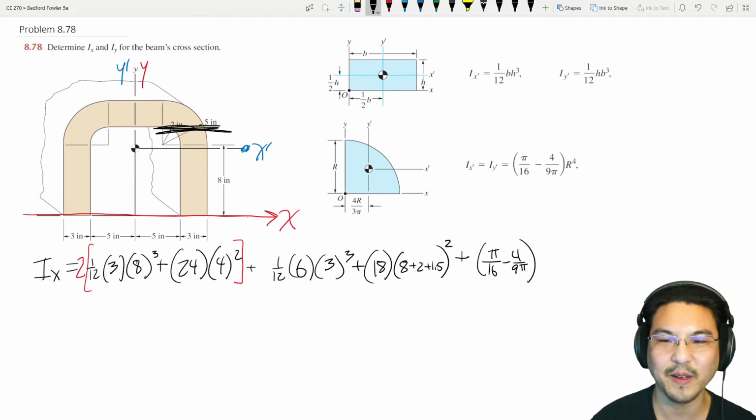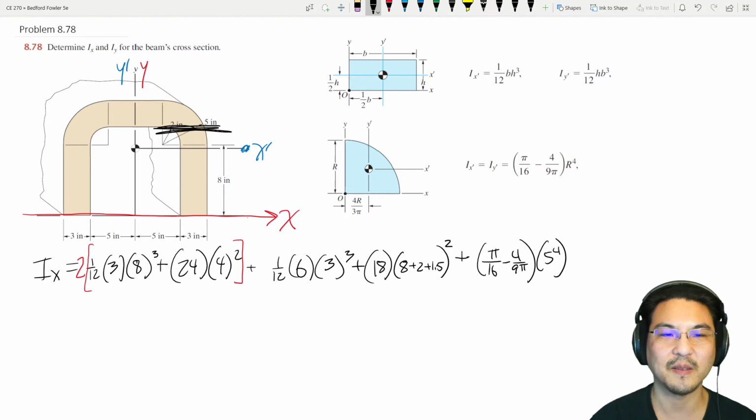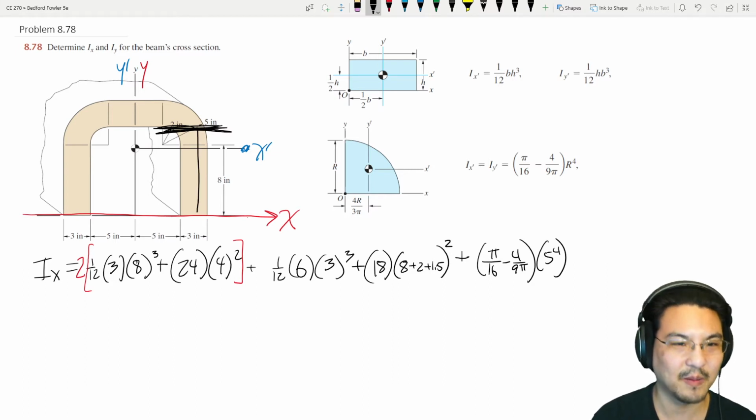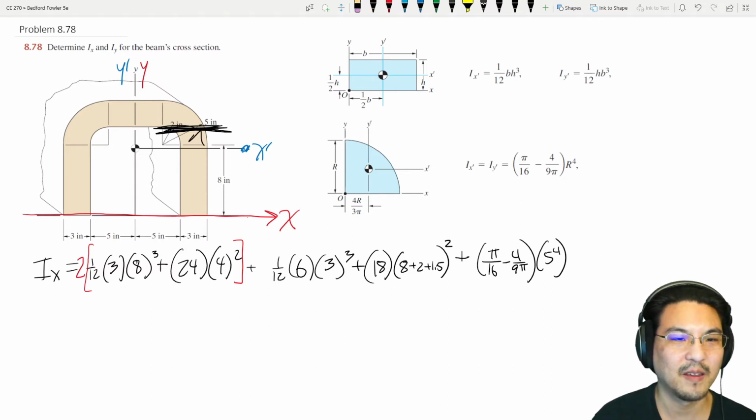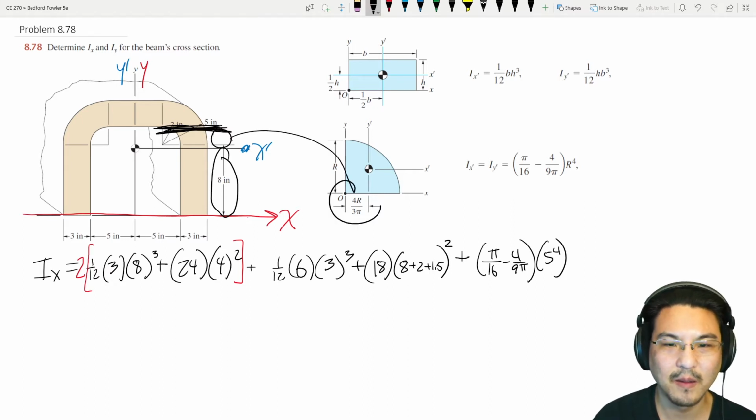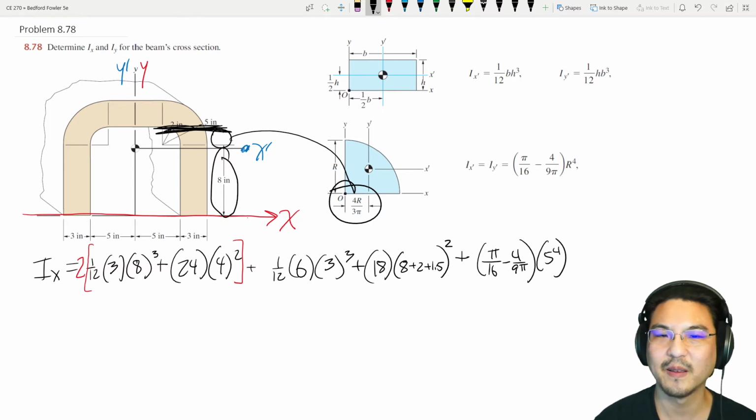So the radius is 5. Okay, so that is here, but we need the parallel axis theorem. So I have to move how far? Here to here is 8. Here to here is 4r over 3 pi.